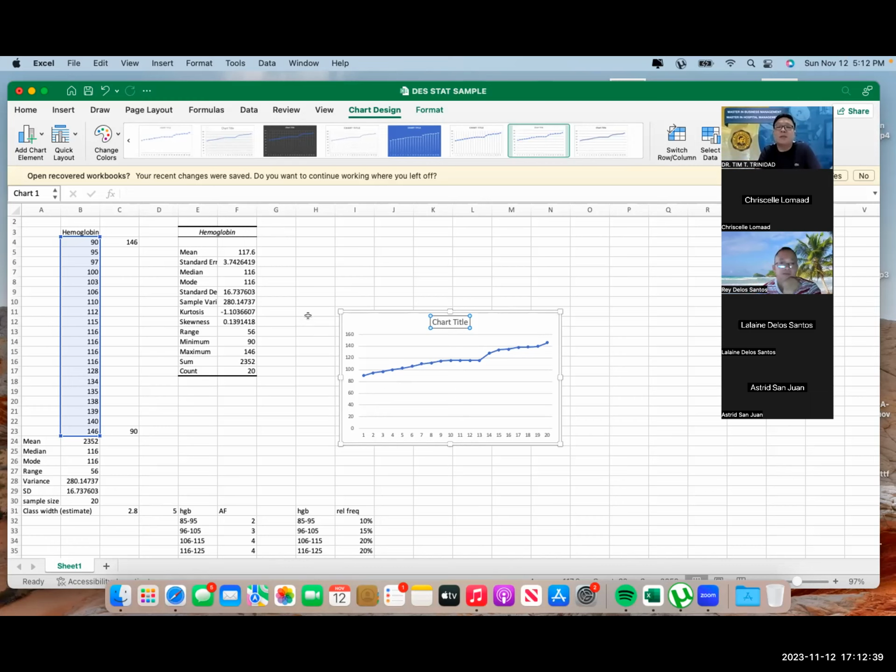So the inferential statistics will be the continuation of your descriptive stat. But you can stop at the descriptive stat if your design is descriptive. But if you want an analytical one, you go for the inferential testing. That is what we're going to talk about by next meeting. Okay?